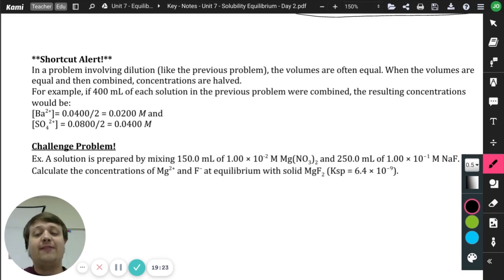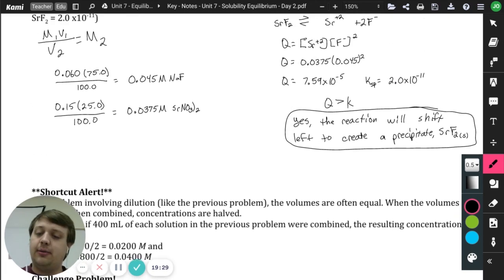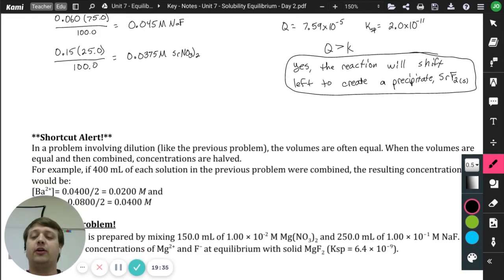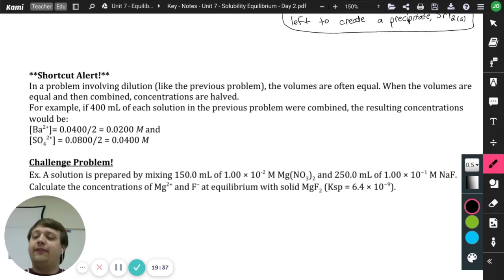So if that's the case, when their volumes are equal, so let's say they've got 500 milliliters of sodium fluoride, and then they also had 500 milliliters of that strontium nitrate. If they are the same, or equal to each other, then we can basically just take those concentrations and halve them. Why? Because we're basically dividing it by 2, right?